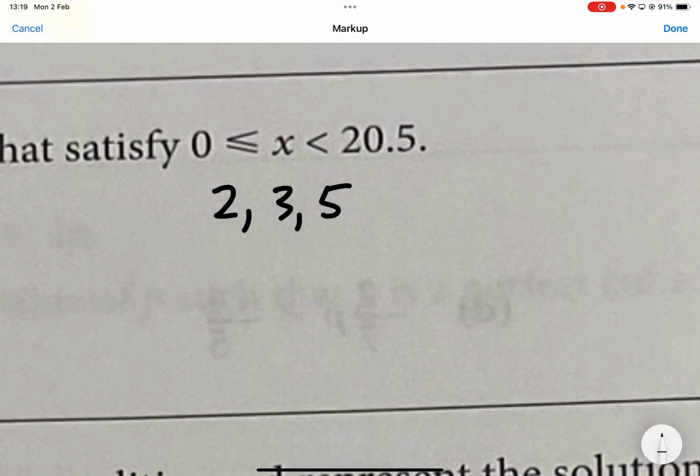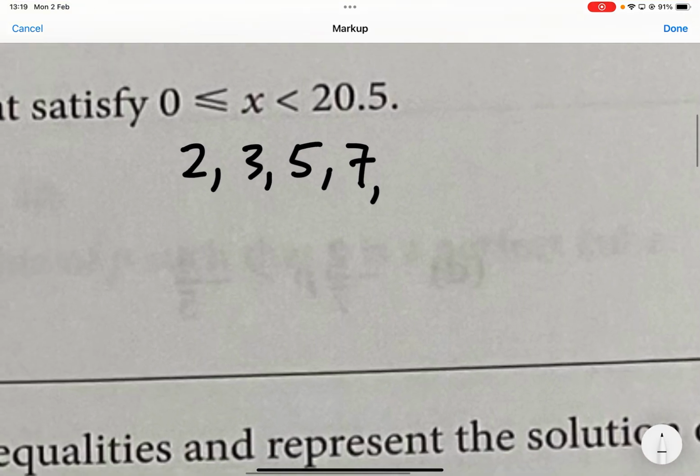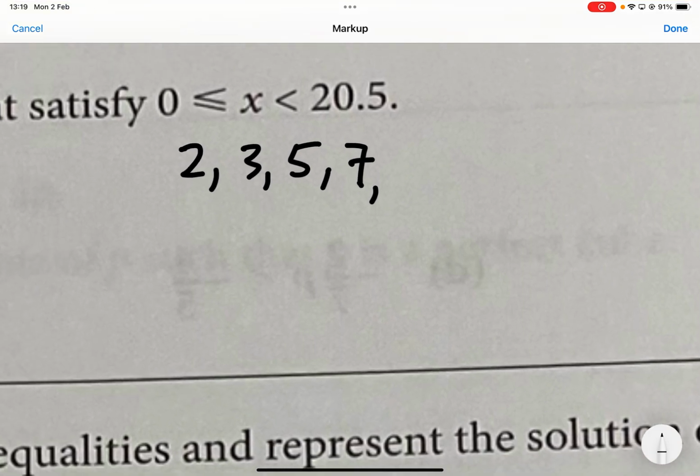So 6 we don't need to list down. 6 is even. 7, prime number. 8 is not prime number. Then we try 9. 9 can divide by 3. So 9 is also not prime number. 10 is even number, so not prime. So the next one, 11 already. 12 is even number, so not prime.